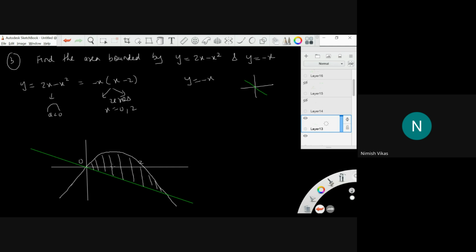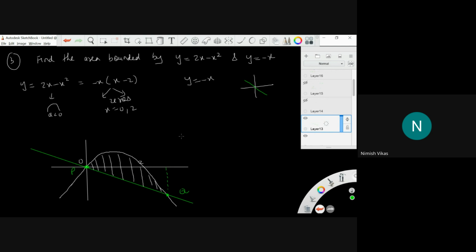Now make sure you do not integrate from 0 to 2. Don't do that. We have to find the points of intersection of these two graphs. So first we already know it's origin. Let's say this is point P. Now the next point, point Q, we have to find. So solve them simultaneously. We will get the value of x.